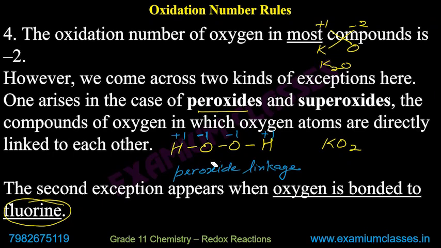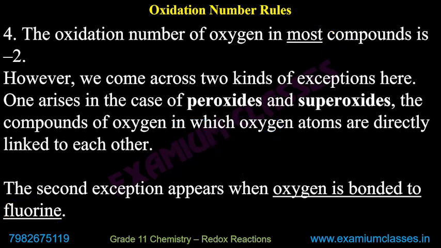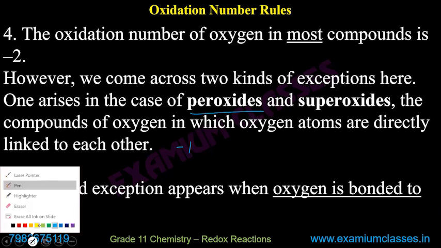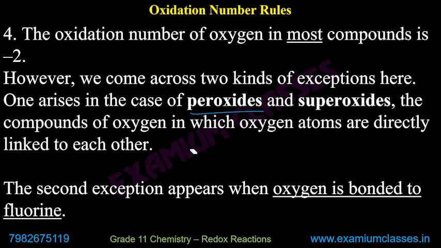If you have a symmetrical molecule, you balance the charges in the right half and left half. Whenever you can draw a vertical line for symmetry, the left part and right part will balance the charges. So in peroxides, oxygen will have oxidation state -1. Write it down and you need to remember.